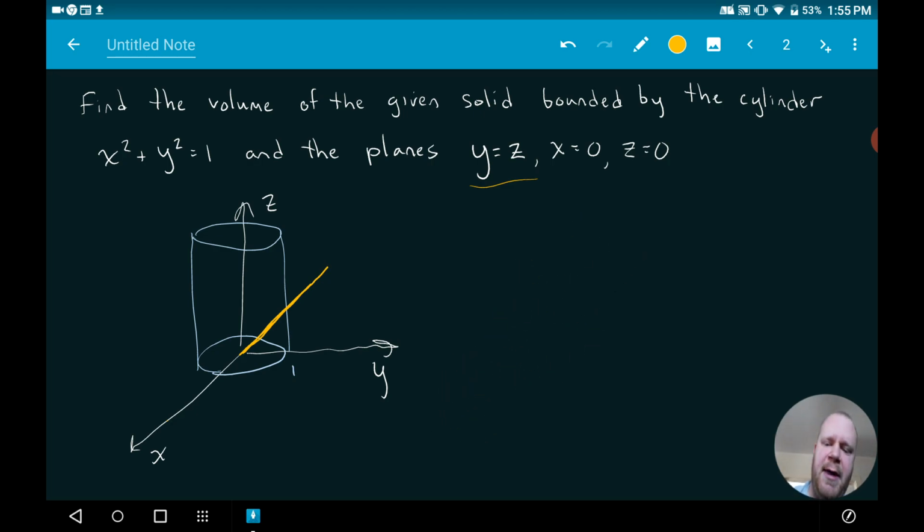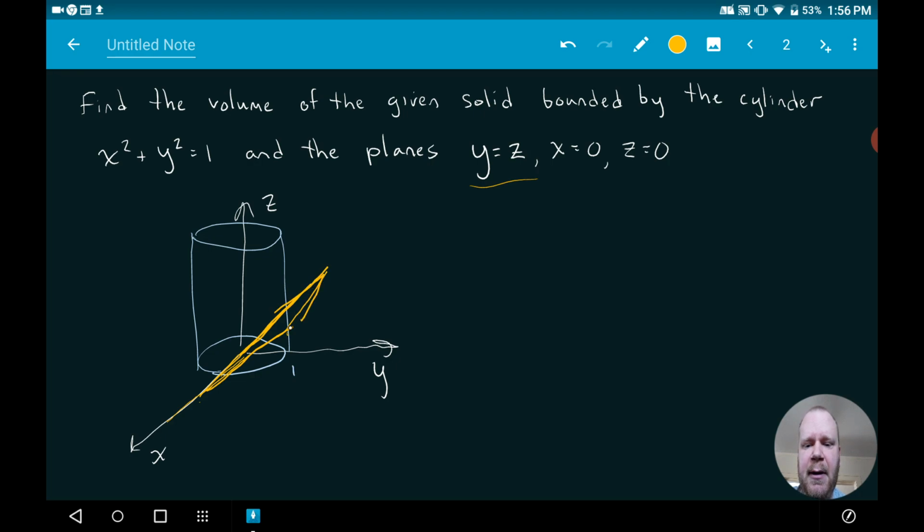So I'm just going to do that at these two spots here. That's a bit tough to see with this setup here, since it's exactly parallel to it.